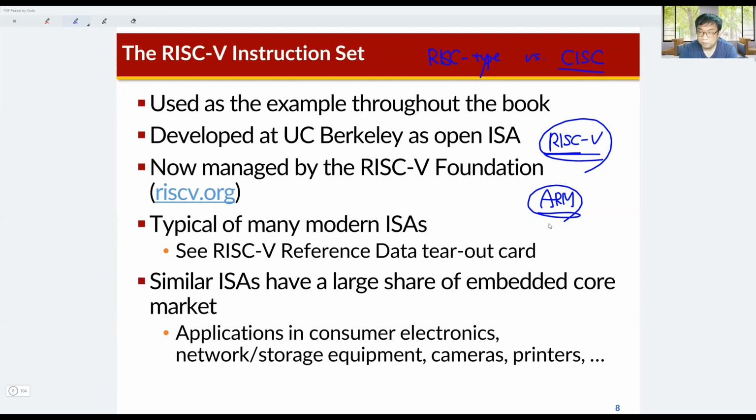But RISC-V is different. It's an open ISA, so if we use the RISC-V instruction set architecture, we don't need to pay any royalty. Based on this RISC-V ISA, we can make any processors.